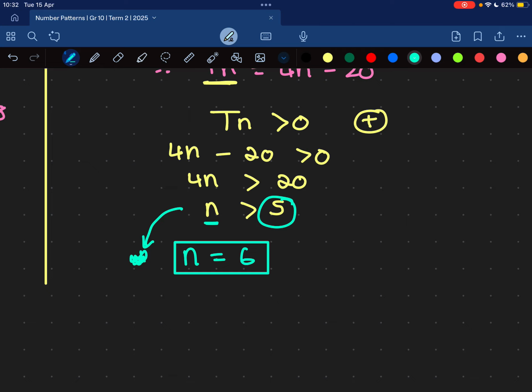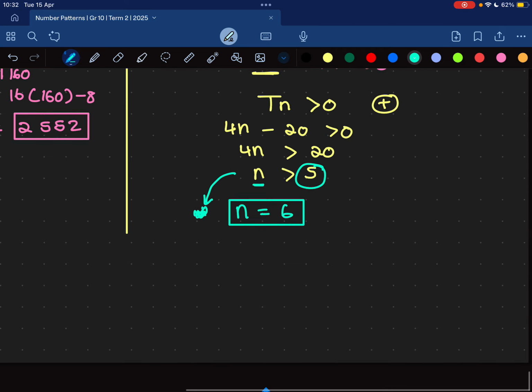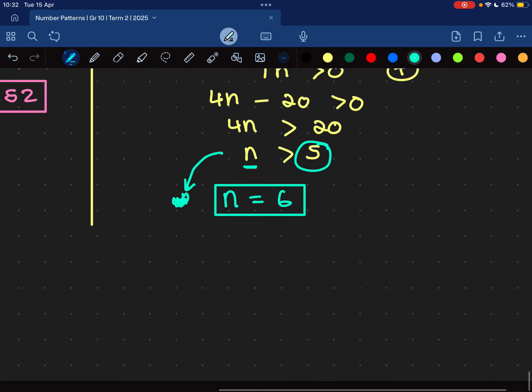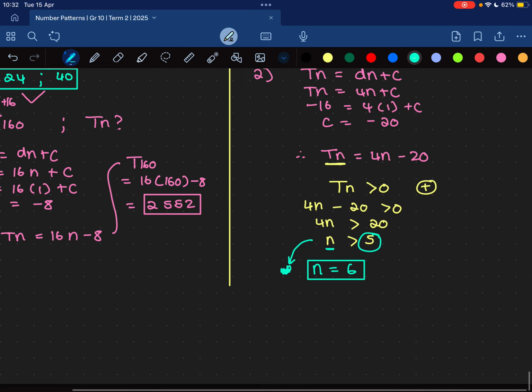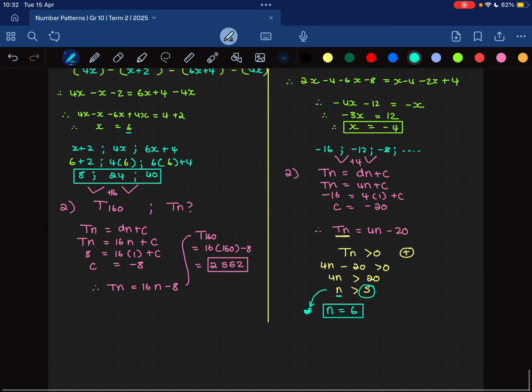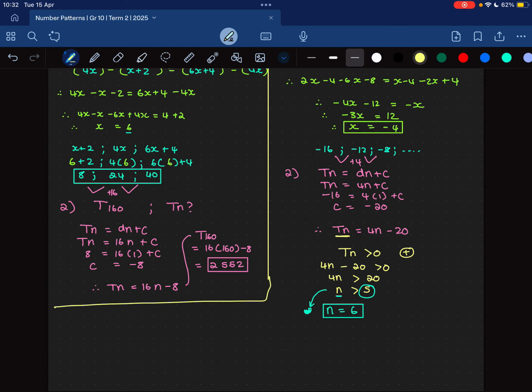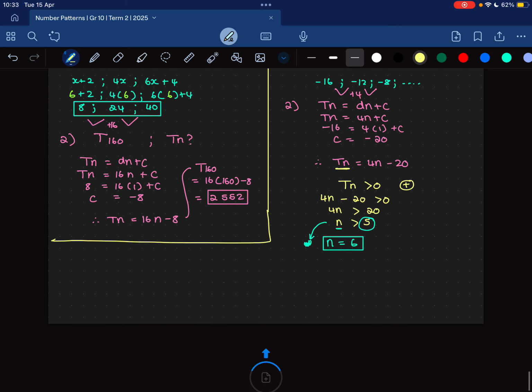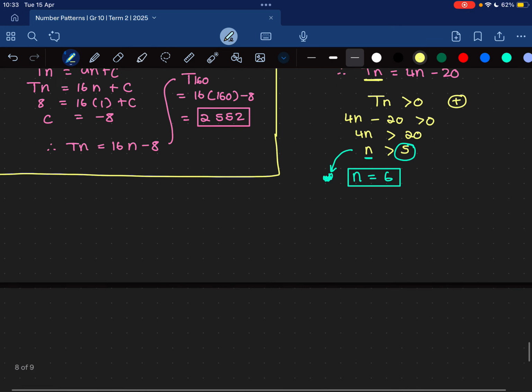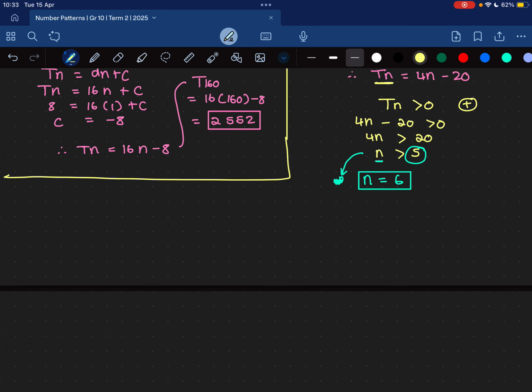Okay, so the third question says, which term of the sequence will be the first to be greater than 110? This one you can see that we're just going to follow the exact same format as we just did. They said which term is going to be greater than 110. So that means that I'm trying to find where Tn is going to be greater than 110.